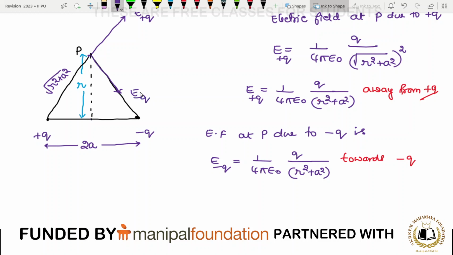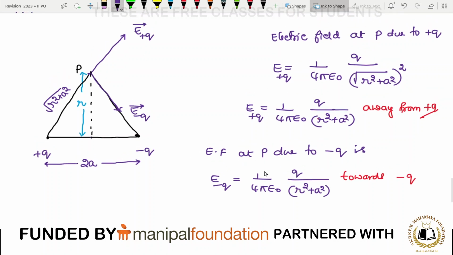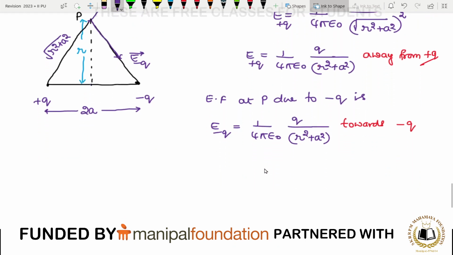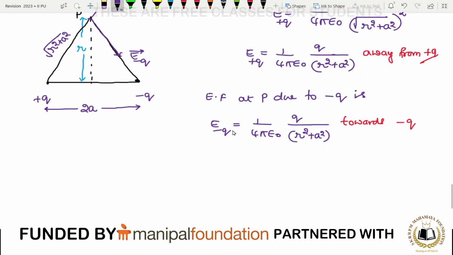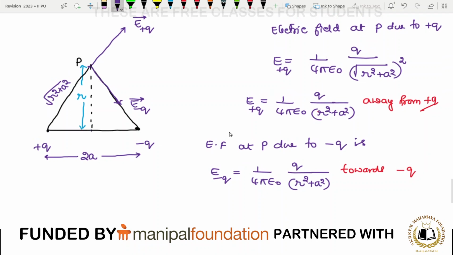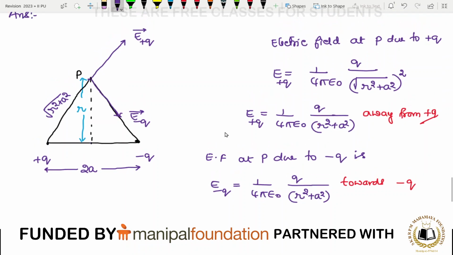This is E minus Q vector. Here I can put vector symbols, but here I cannot put the vector symbols. I hope this much is clear now. Electric field due to positive charge and electric field due to negative charge we got here, and directions also mentioned.